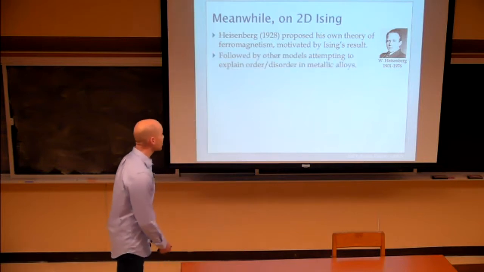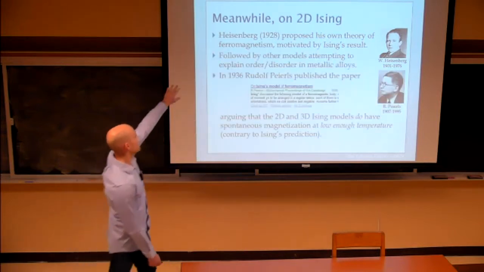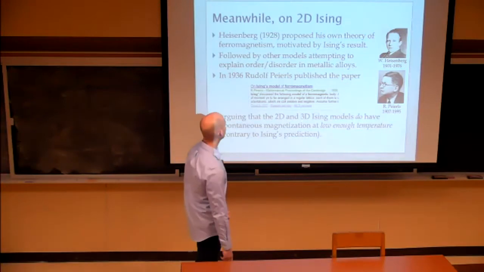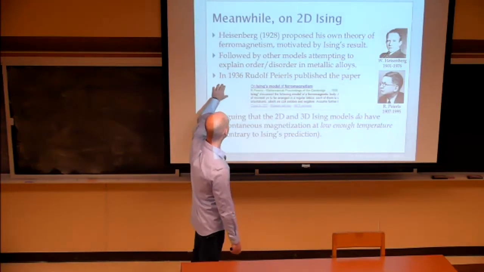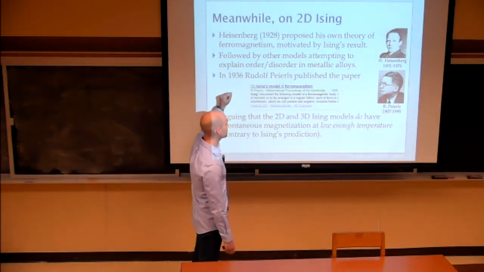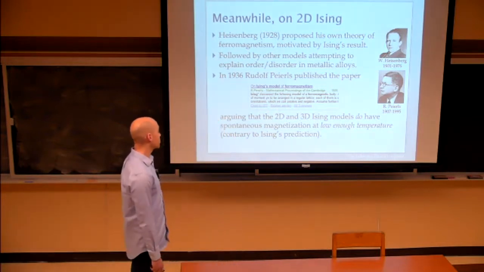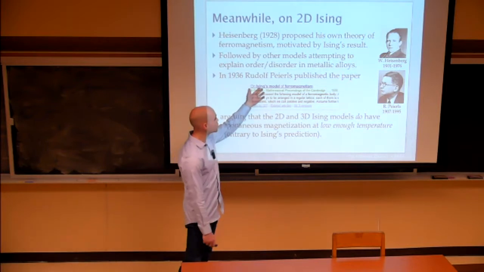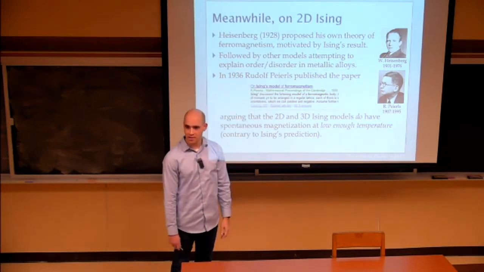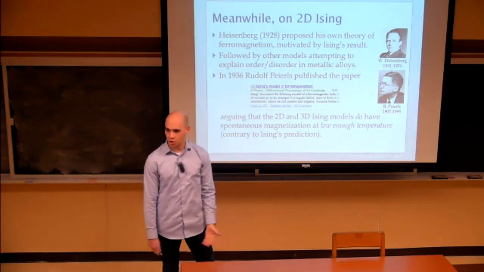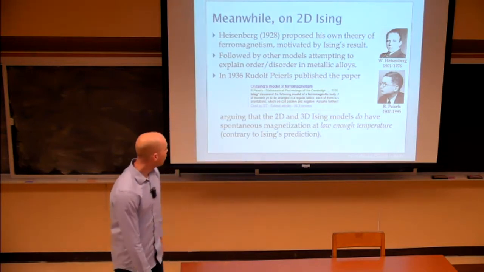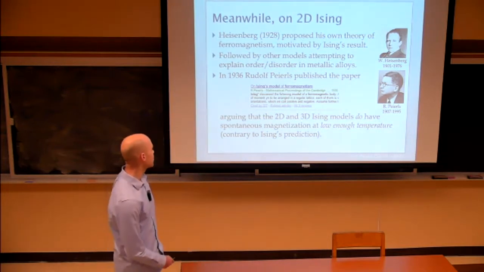Meanwhile, there were other models that were developed, and some of them led to beautiful and useful mathematical ideas. In 1936, actually not 34, but 36, Rudolf Peierls came up with this paper that actually sealed the model as being dubbed after Ising and not after Lenz, on Ising's model of ferromagnetism.